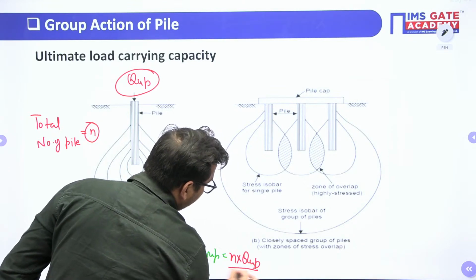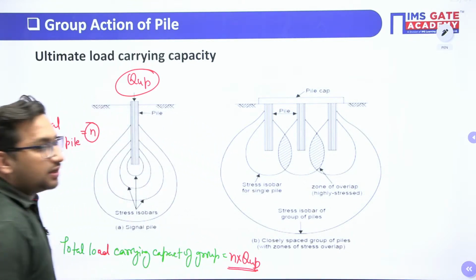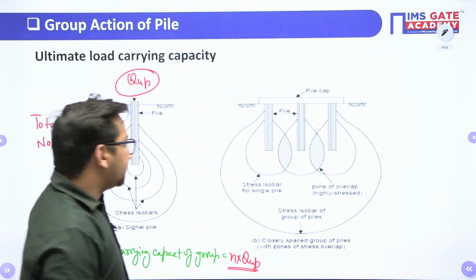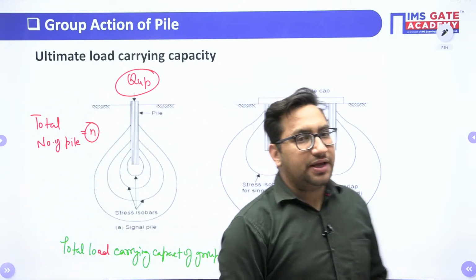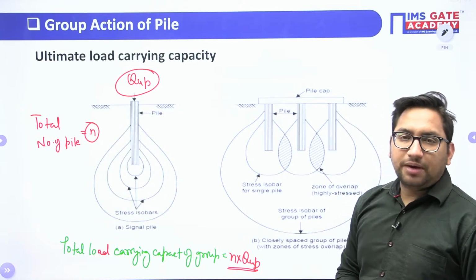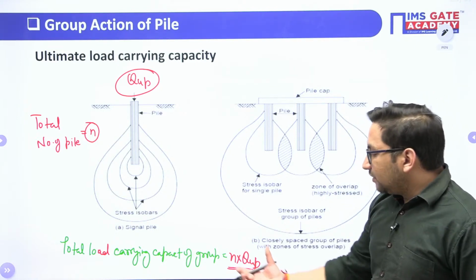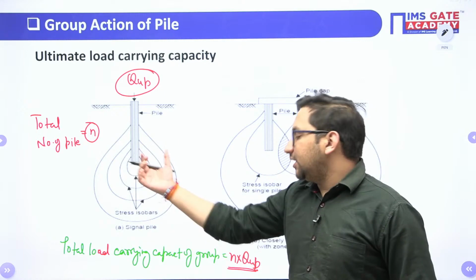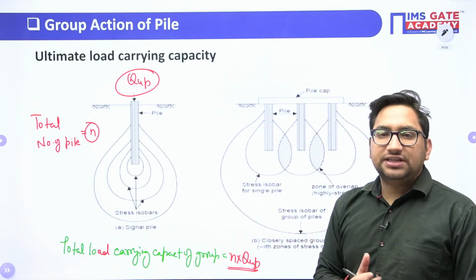How to calculate this QUP value? It is now known to us, right? We have seen the different methods. We have seen the formula for end bearing pile, the formula for friction pile and the combined pile, right? So this will be n, the number of piles, multiplied by the load carrying capacity of a single pile.